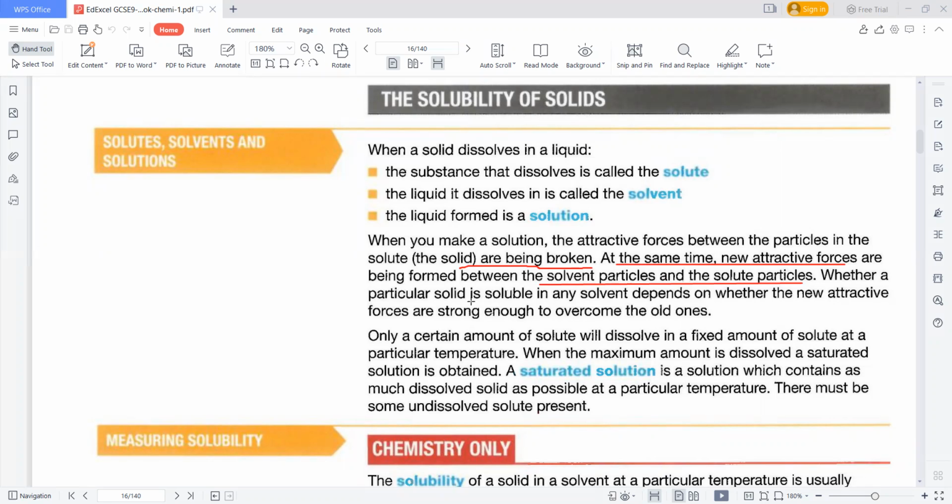Whether a particular solid is soluble in a solvent follows this general rule: solubility depends on whether the new attractive forces are strong enough to break the older ones. It is just like when you're shifting seats in your classroom.